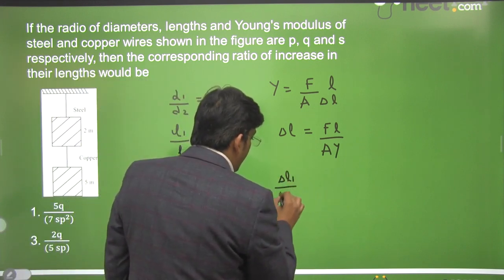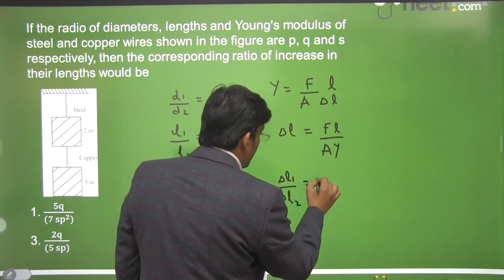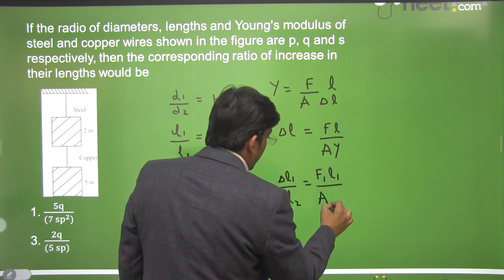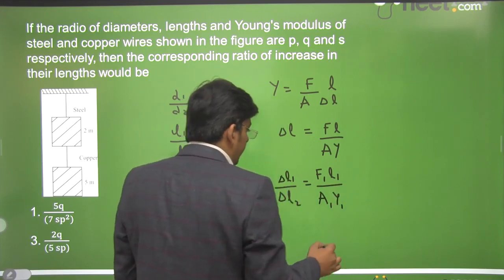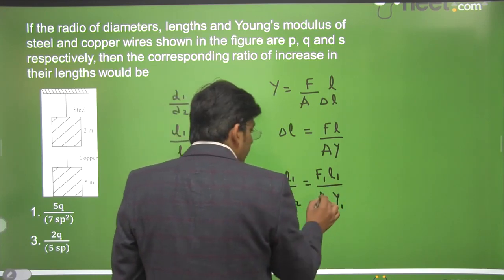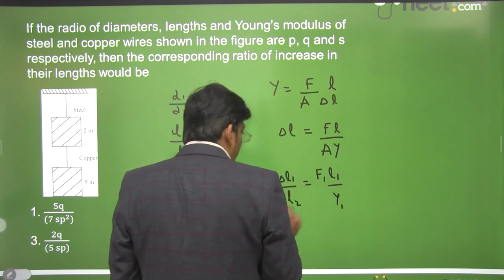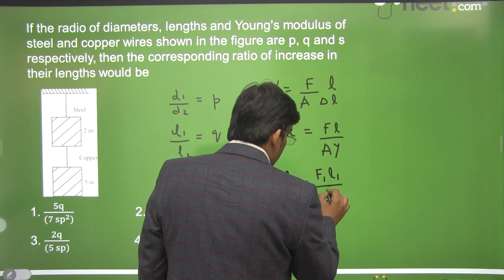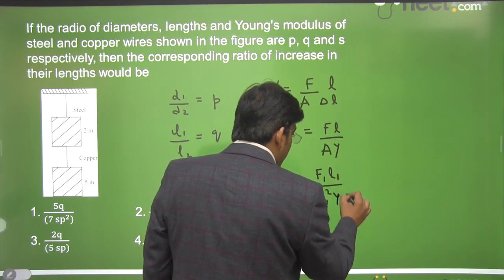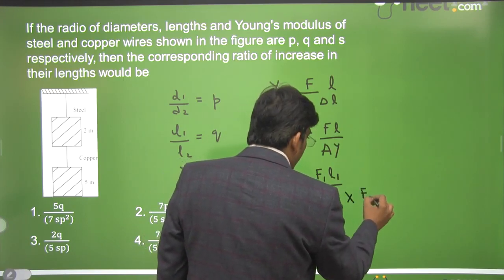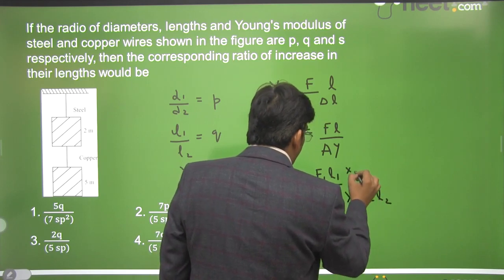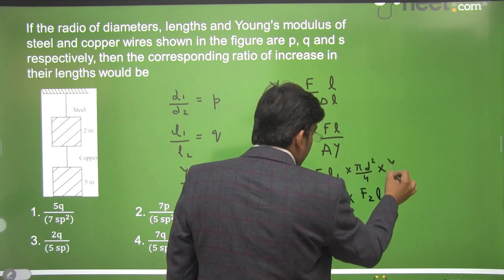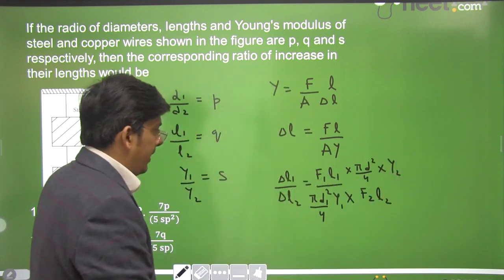Delta L1 divided by delta L2 is going to be equal to F1 L1 divided by A1 Y1. A1 is actually, dear students, pi d square by 4, it is pi d1 square by 4. Now what about delta L2? It is F2 L2 upon pi d2 square by 4 into definitely Y2, right?